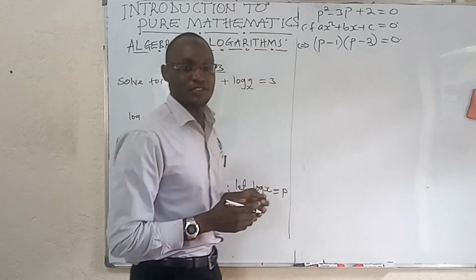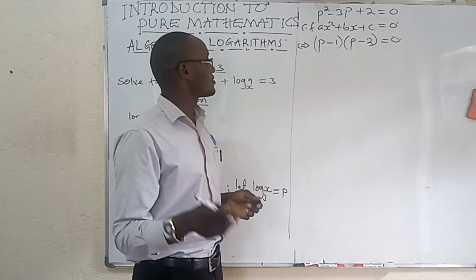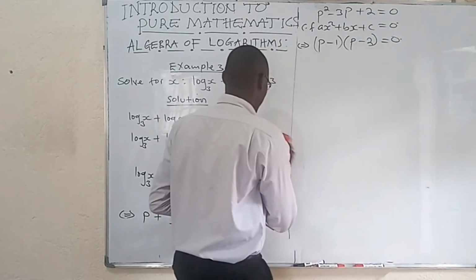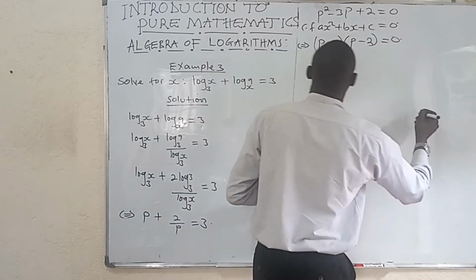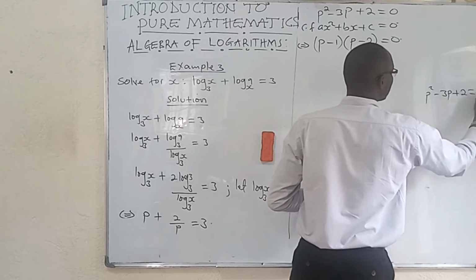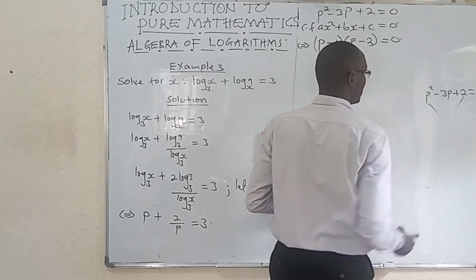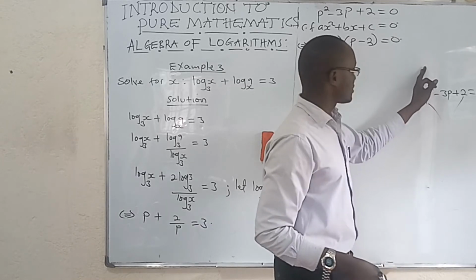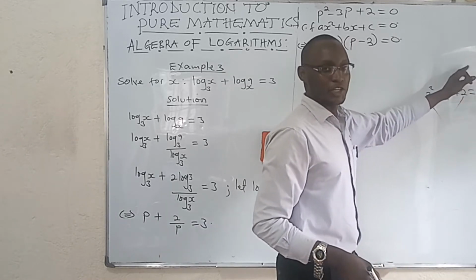Okay, I've factorized. Oh, my new students are getting lost. Okay, let us go and factorize together. We have p squared minus 3p plus 2 is equal to 0. So the trick is to multiply the quadratic coefficient with the constant.